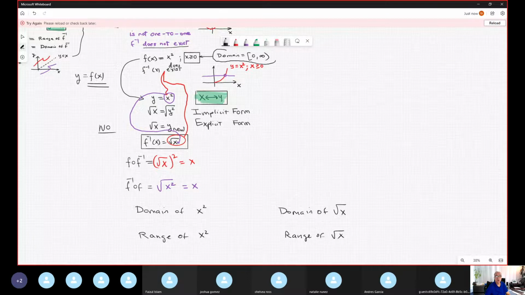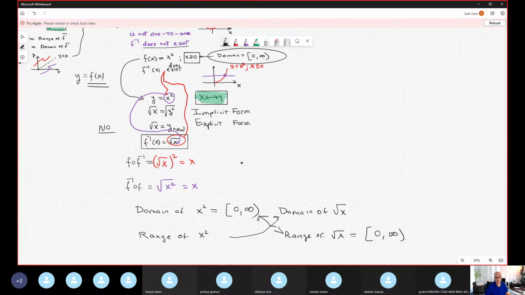Because if you do not put restrictions, then it is not one-to-one, so the inverse has no sense, and we cannot continue the problem. To continue the problem, you restrict the domain to this interval, bracket 0, infinity. And this is exactly the range of the inverse. They are connected. This set and this set are the same. And this set and this set are the same.